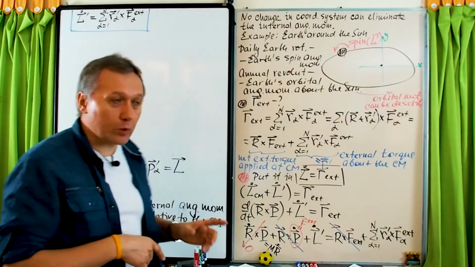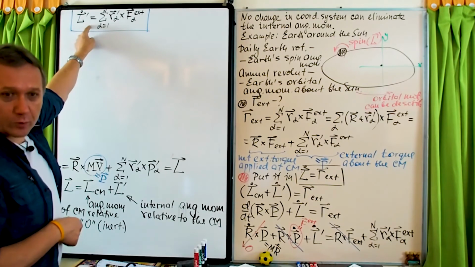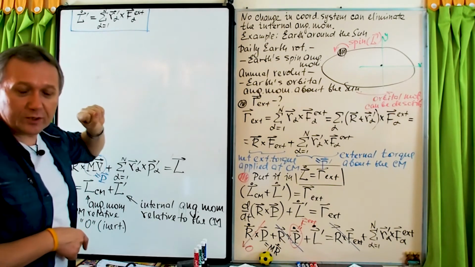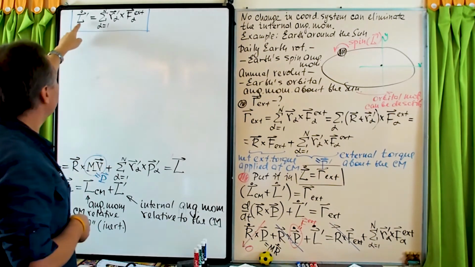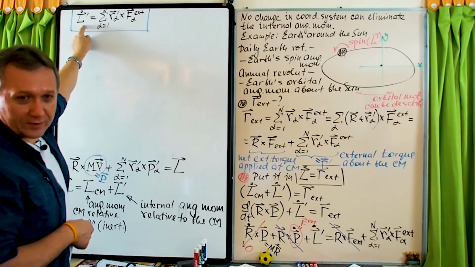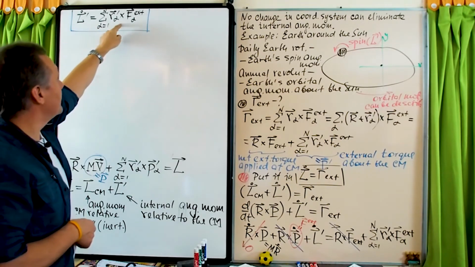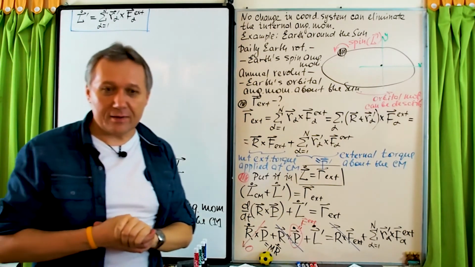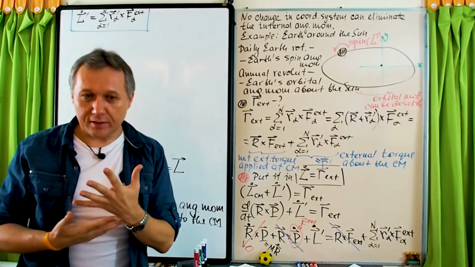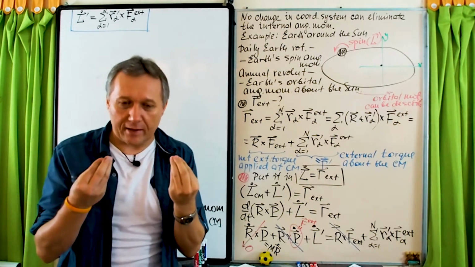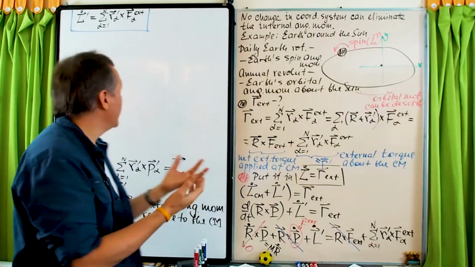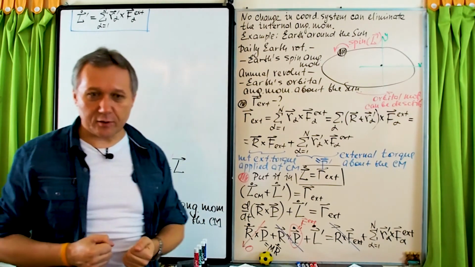But now it looks like this is the angular momentum about the center of mass, and this is the net external torque about the center of mass. But again, it looks as if the origin is at the center of mass.